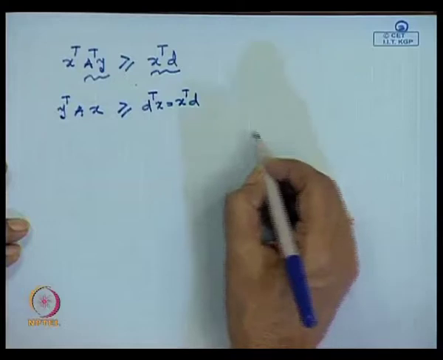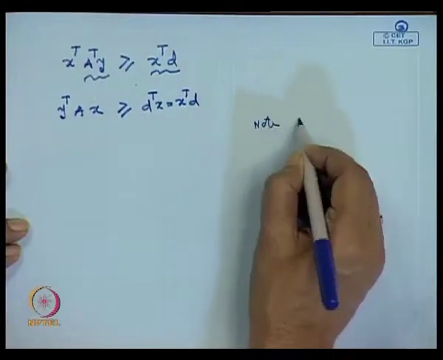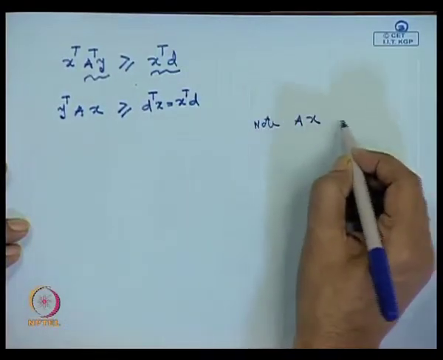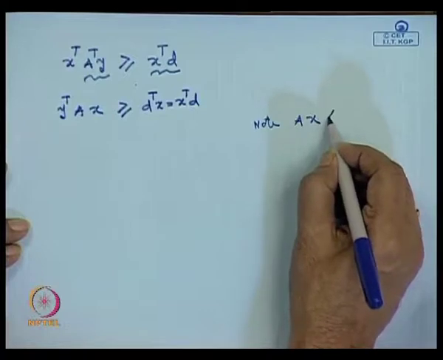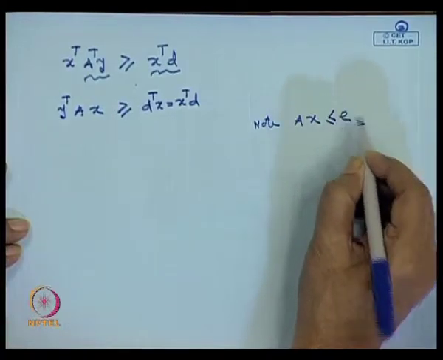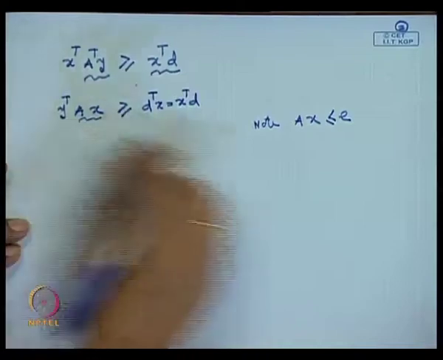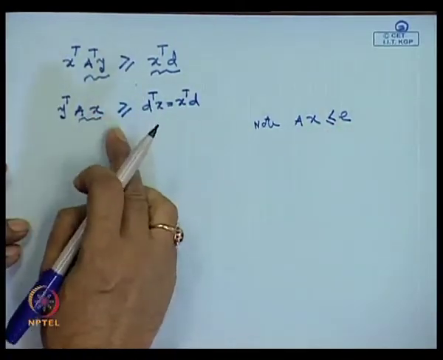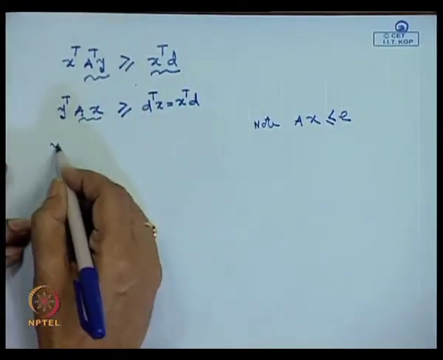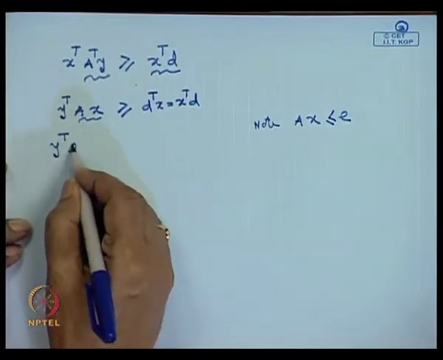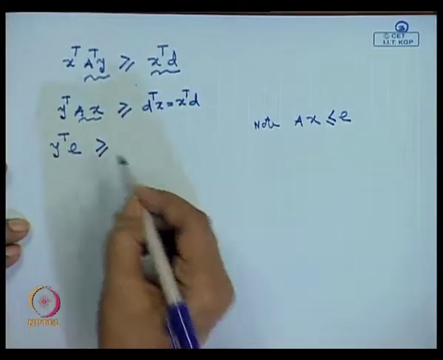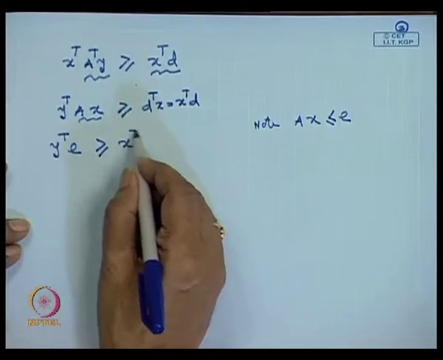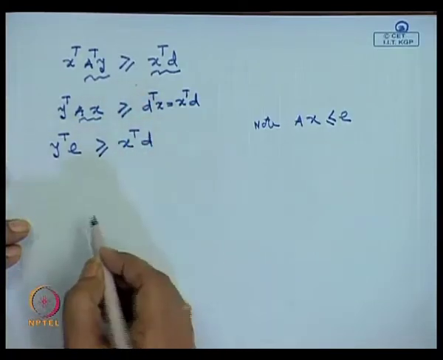Note that in the primal problem, A x is less than or equal to E. So if I replace A x by a greater number, the inequality sign is still valid. So I can write y transpose E is greater than or equal to x transpose D. And what is this?